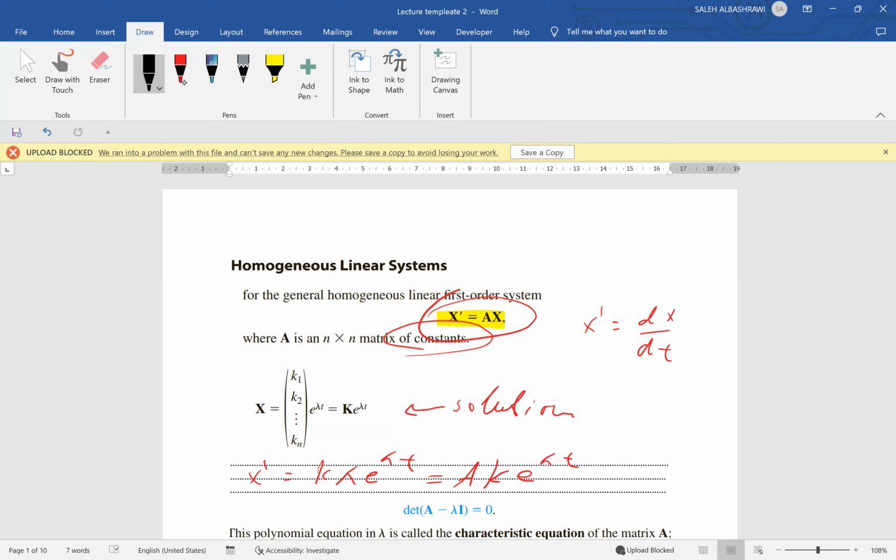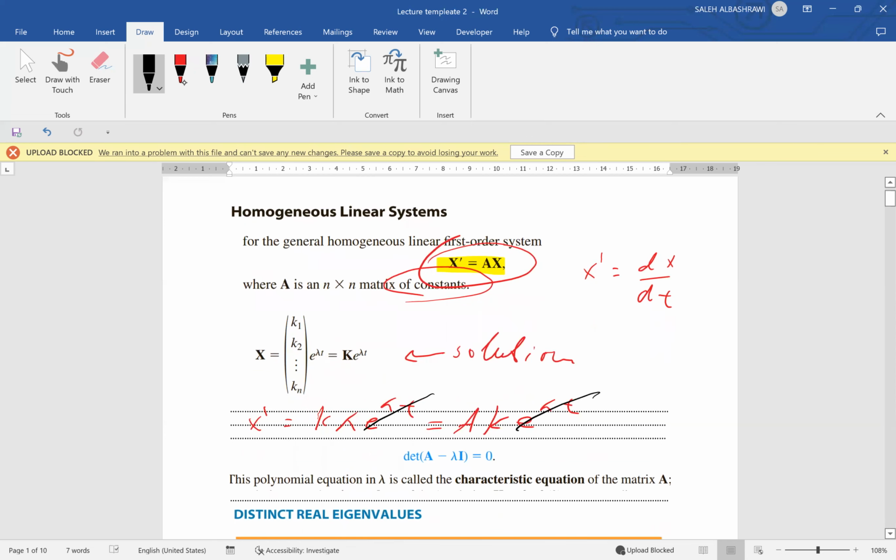So if we divide by e to the power lambda t, I will have K lambda equal to A K, which can be written as A minus lambda I multiplied by K equal to 0.